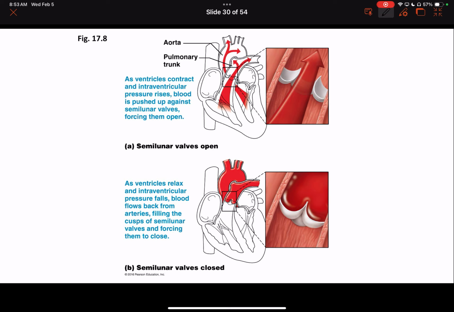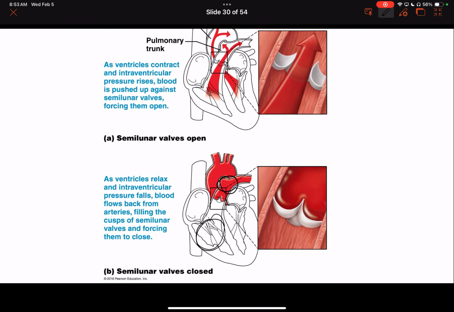Now, the semilunar valves are going to work off of pressure. So again, once the ventricles fill up enough and those atrioventricular valves have been closed, the heart is going to do small little contractions to build up the pressure. And once the pressure in the chamber here is greater than the pressure in the vessel that's ahead of it, then that valve is going to open up, and then we'll be able to eject that blood.